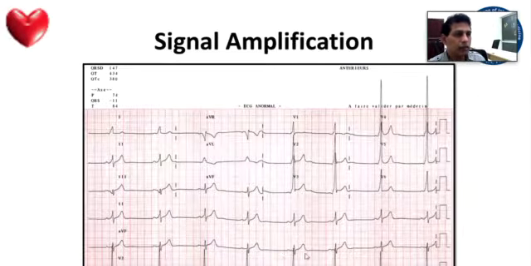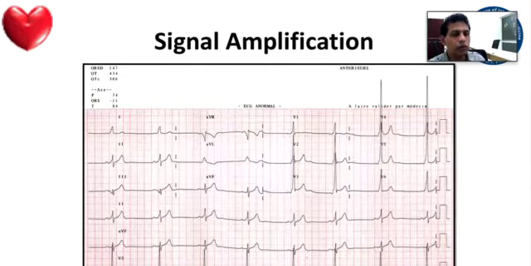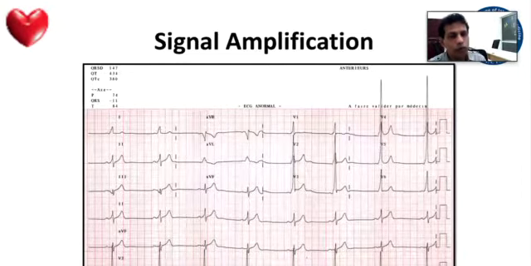Now this is another ECG. At the end of the ECG, you see that box. You can see that it is a standard ECG, that is 10 millimeters per 1 millivolt and also 25 millimeters per second.